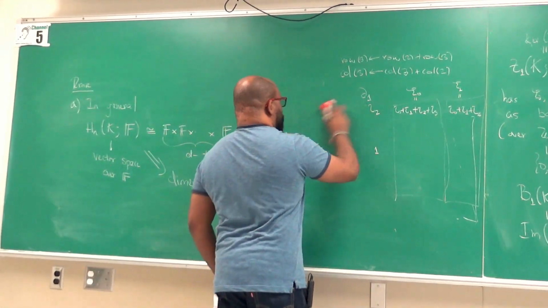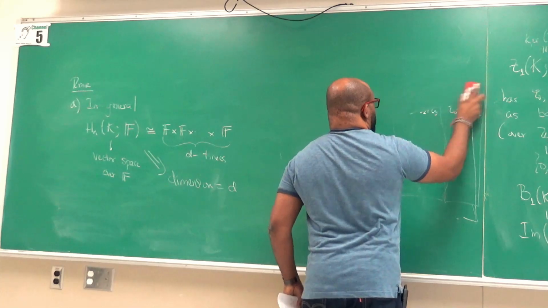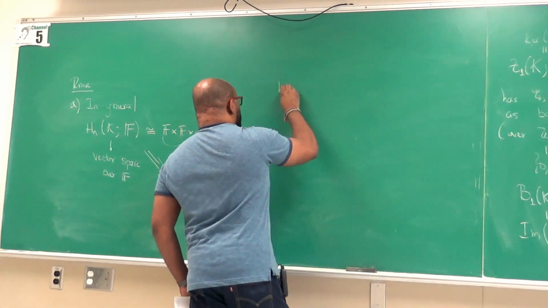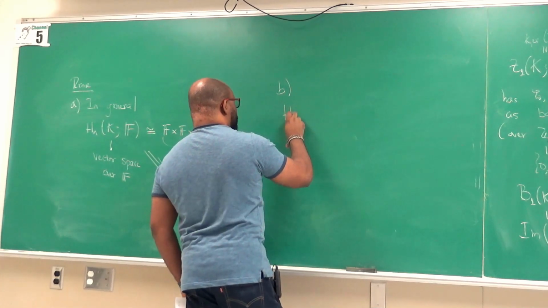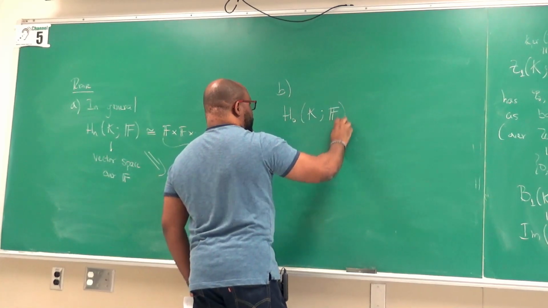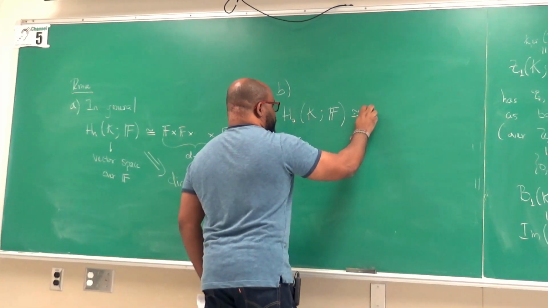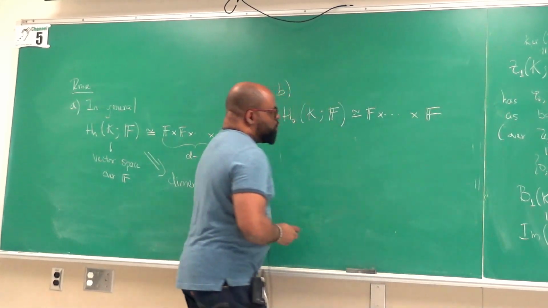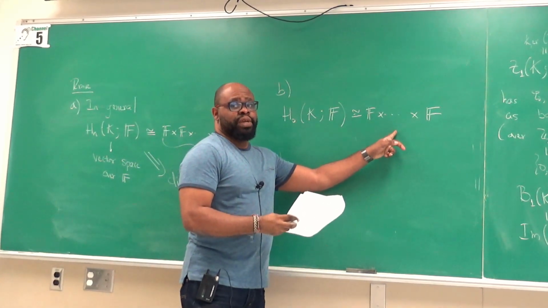The second observation is that if you calculate the zeroth homology of a complex with coefficients in a field, then again, this is going to be some vector space. But it turns out that we know what the dimension is going to be.